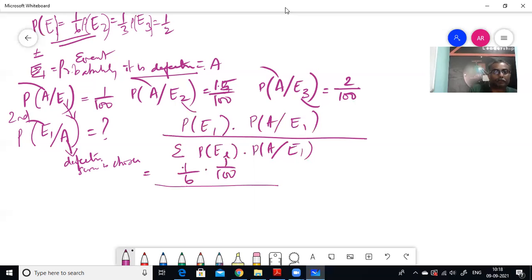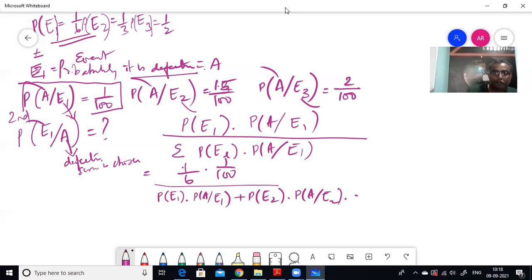Into sigma means first one is P of E1 into P of A given E1, plus P of E2 into P of A given E2, plus P of E3 into P of A given E3. This is the whole formula.